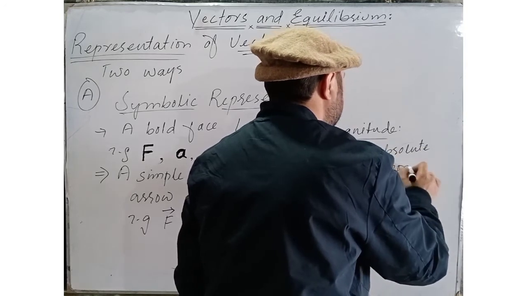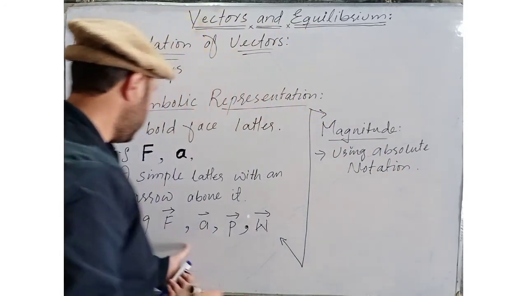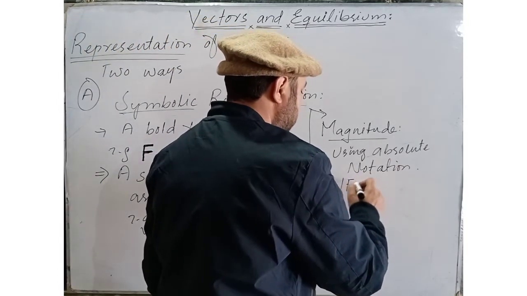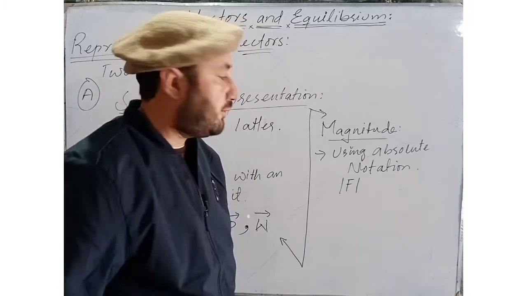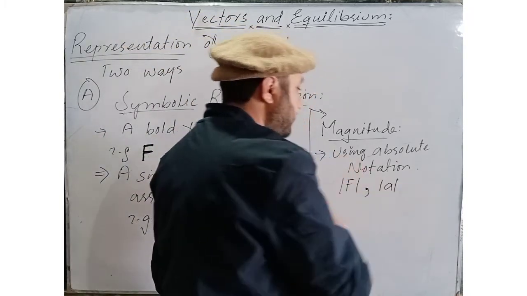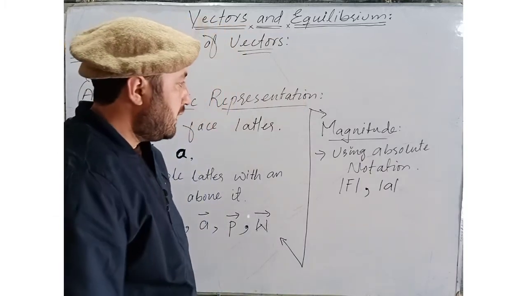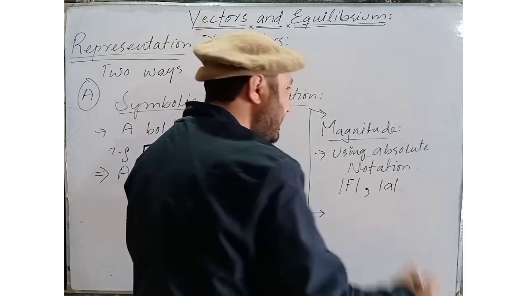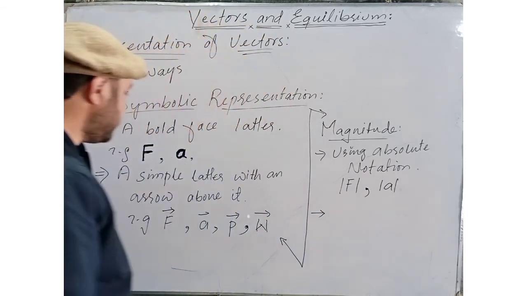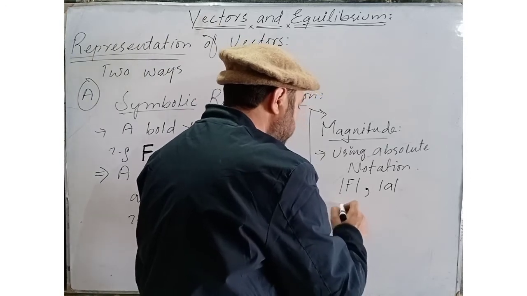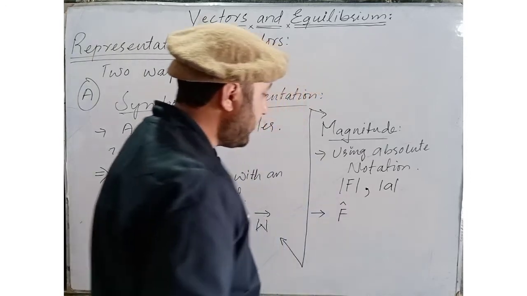So you have to place the letter inside absolute notation, like this will be representing the magnitude of force, this will be representing the magnitude of acceleration, right? And for direction, you can simply use a letter and place a kind of cap on that letter.